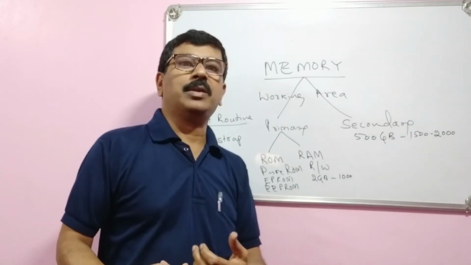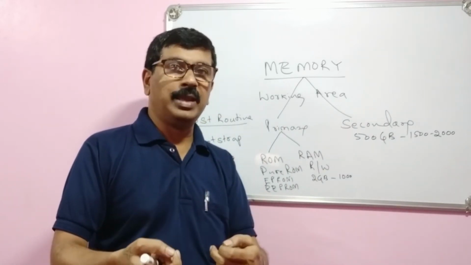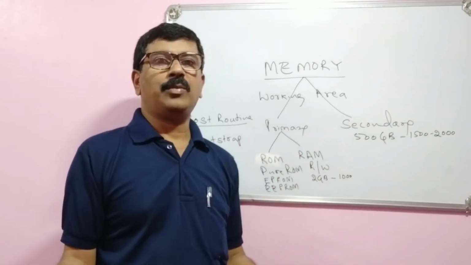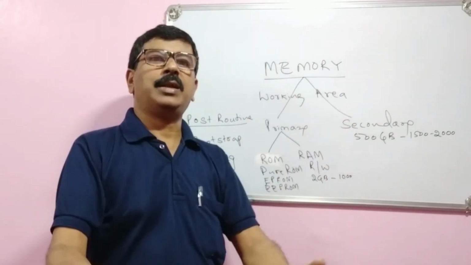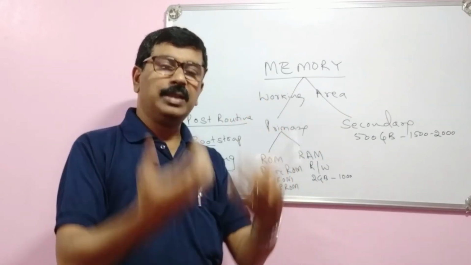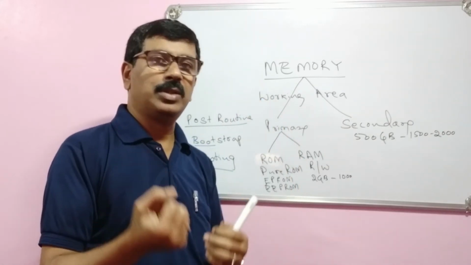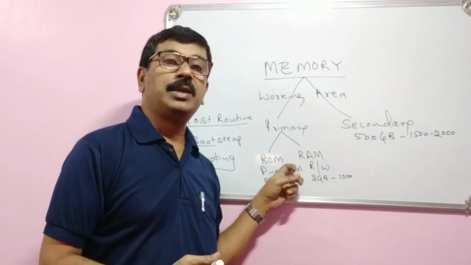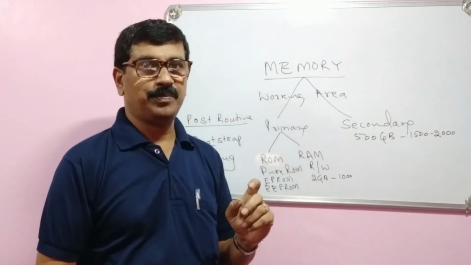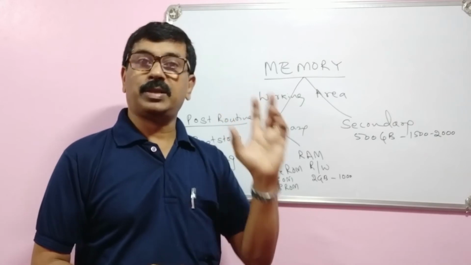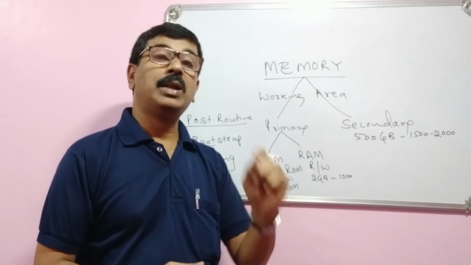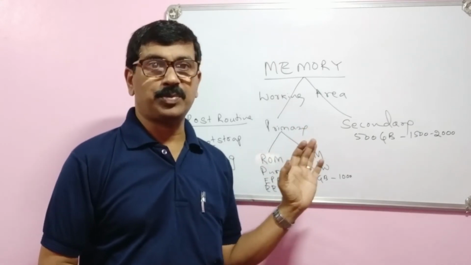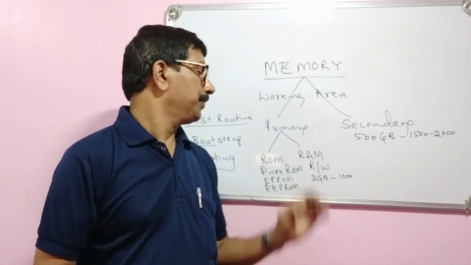When you switch on the computer again, the RAM will be fully vacant, completely empty, and we can start working with the computer. So that's why they made RAM a temporary memory. It is called erasable memory or volatile memory. Volatile means temporary.